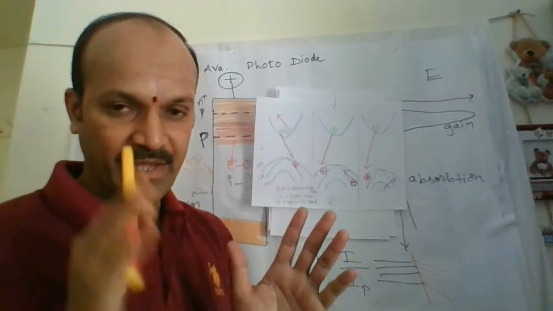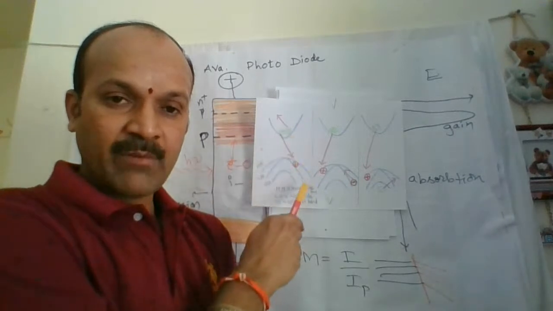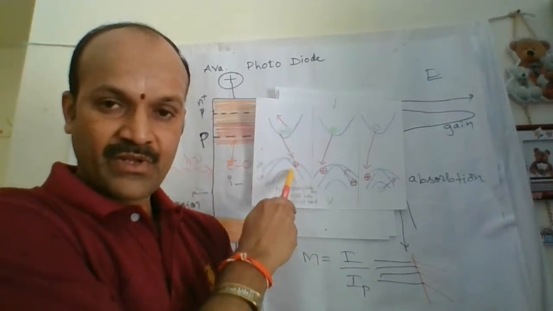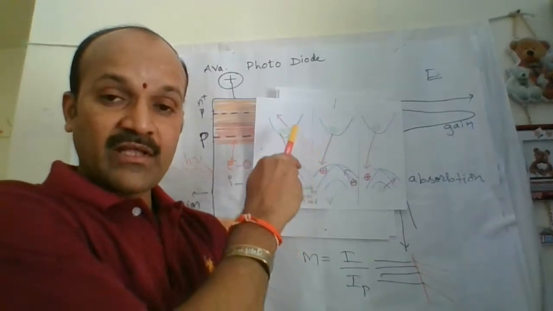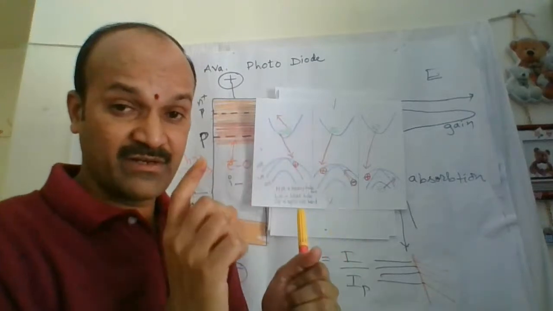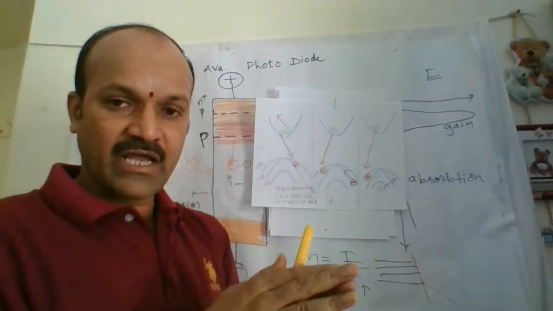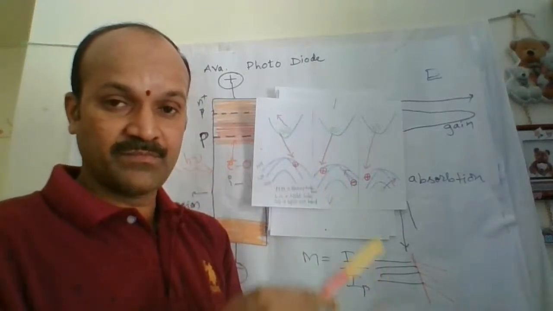Is it clear? Again, listen. This electron recombines with a hole. In this recombination, energy will be released. This energy is absorbed by free charge carriers. In between, many charge carriers will be there. They absorb and collide; Coulombic collisions it is called.